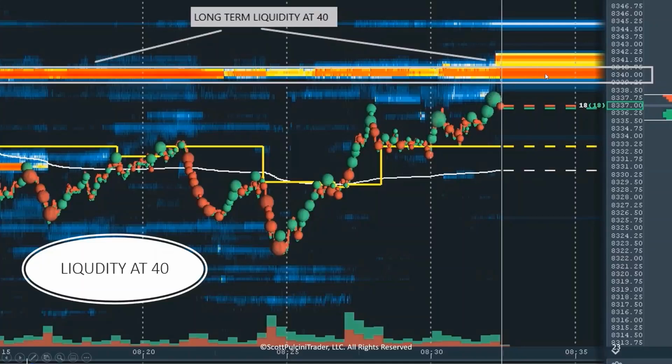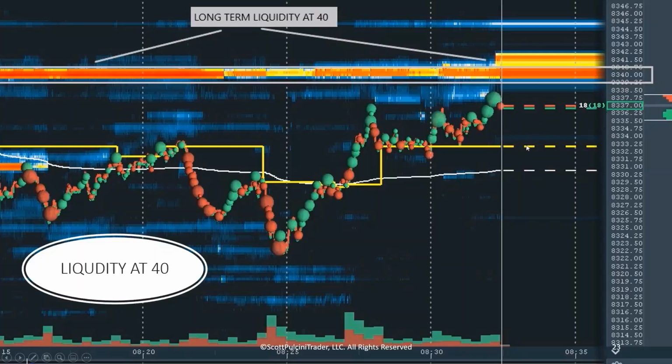Come back here, test the 40, come back down to like 40, 35, 33, 34. There's a POC down here, and it's likely to bounce around this area. Like I said, between the 20 and the 40.